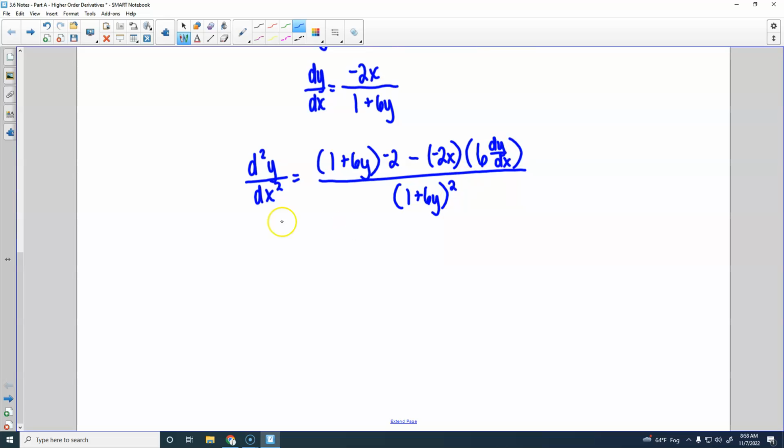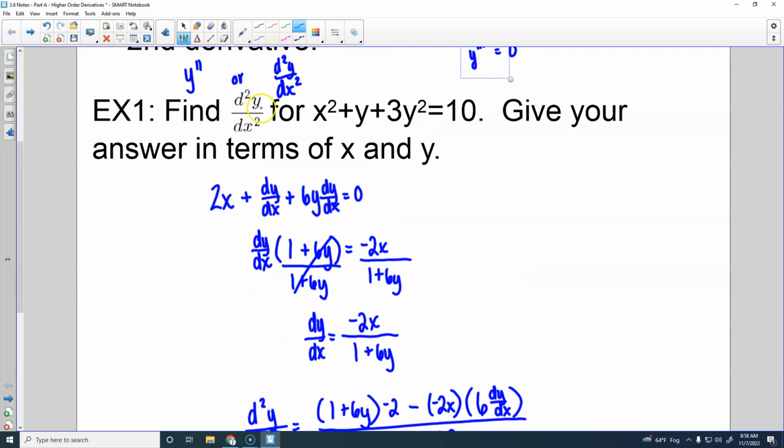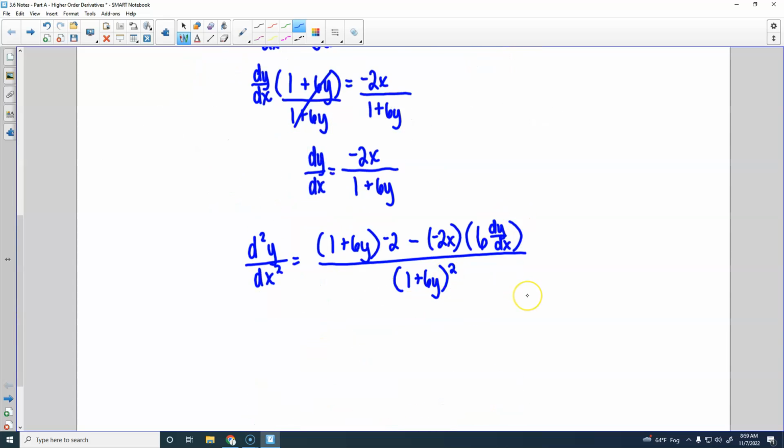over low squared, 1 plus 6y squared. Now, the problem with what we have here is we have a first derivative in our definition of the second derivative. The question says give your answer in terms of x and y. That means our answer cannot have any variables besides x and y, meaning we cannot include dy over dx in our answer.